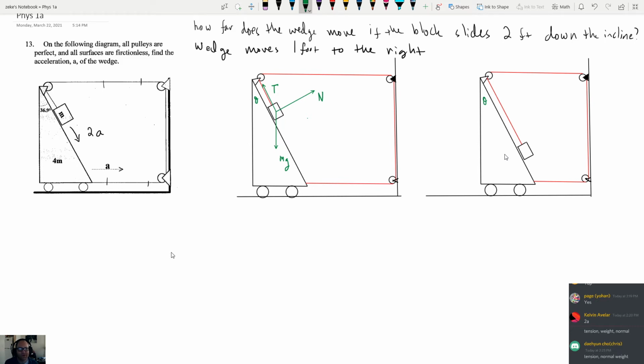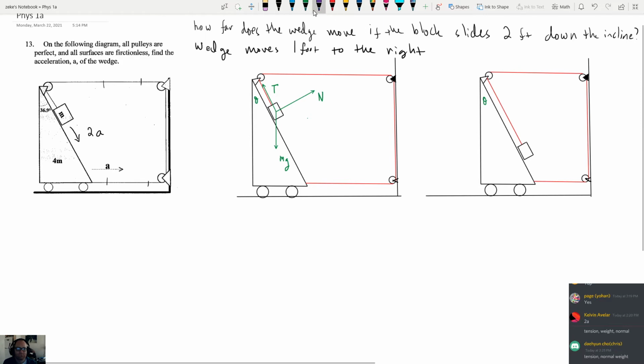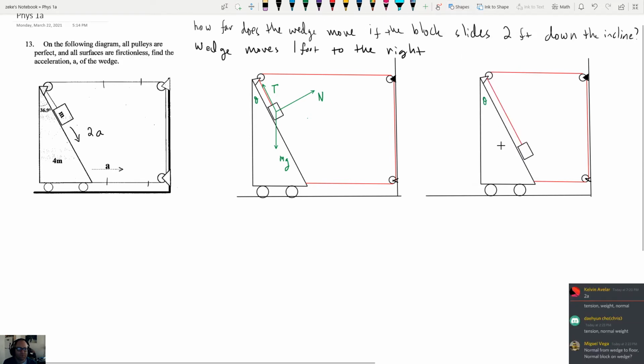Okay, weight, we can start with that one. Okay, so there's going to be a weight. I'll just draw it from the center right here. It's going to be 4mg.